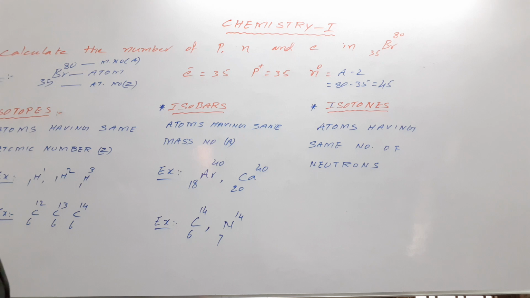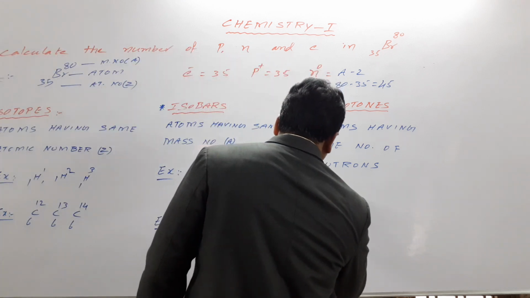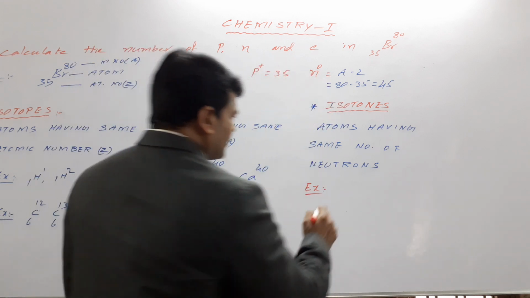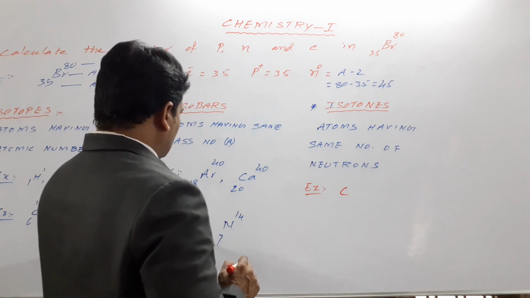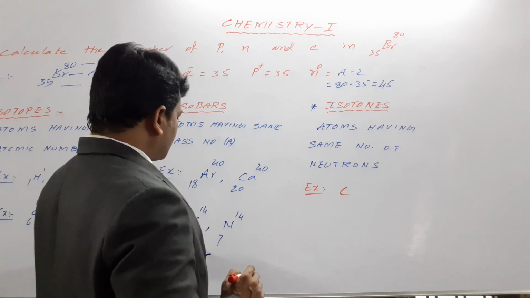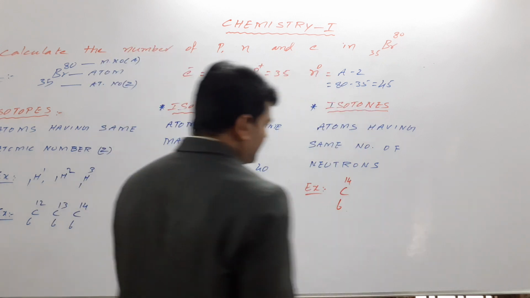See here, for example, carbon 614, 14 minus 6 is 8.